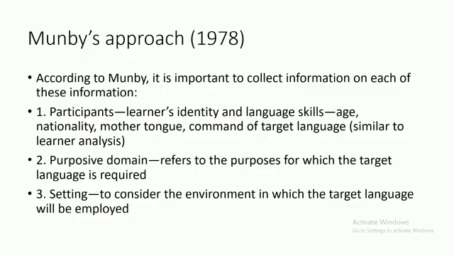First step is participants, which means we need to have the learner's identity and language skills: their age, nationality, mother tongue, command of target language, similar to learner analysis. There is a term in today's list, learner analysis, that I shall discuss next.